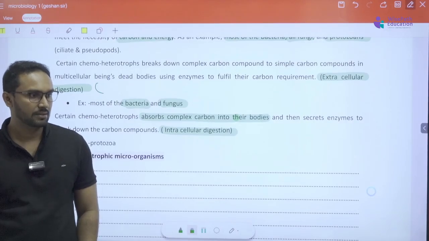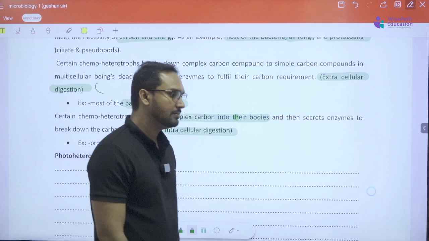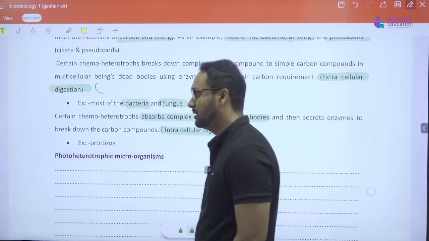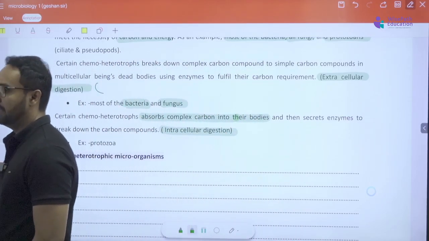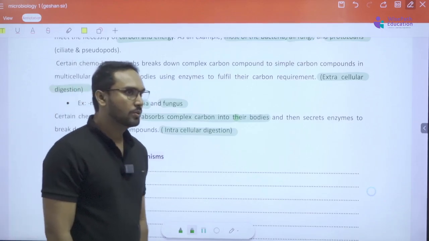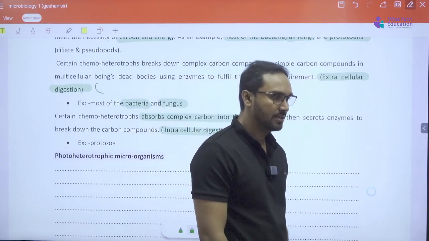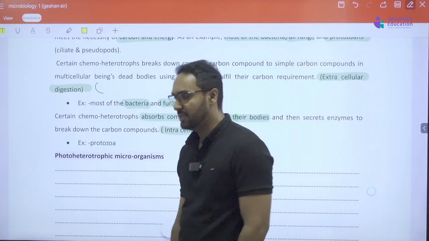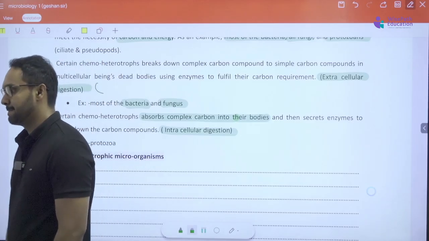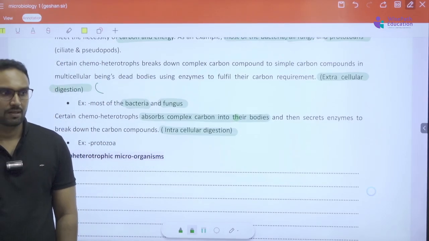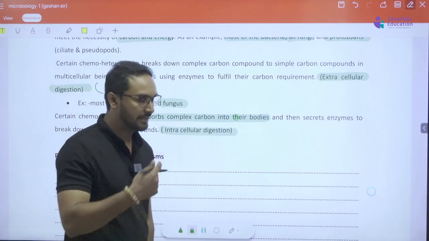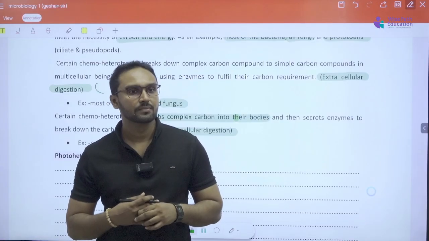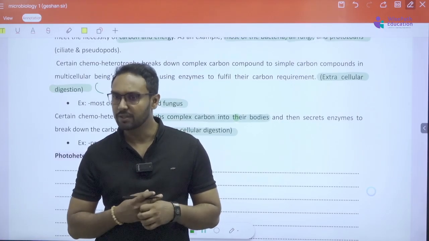Excretory products are excreted through the surface of the cell, right? And that is called the intracellular digestion, right? So who does the intracellular digestion? Protozoans, right? Protozoans are the ones who are doing the intracellular digestion.